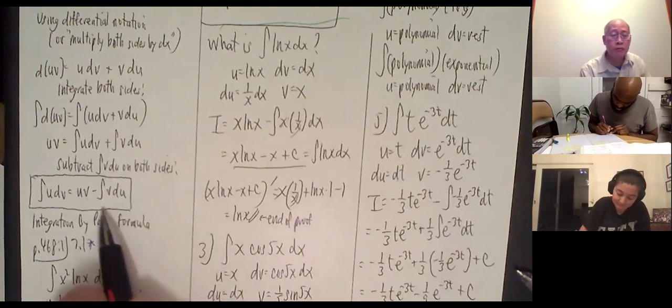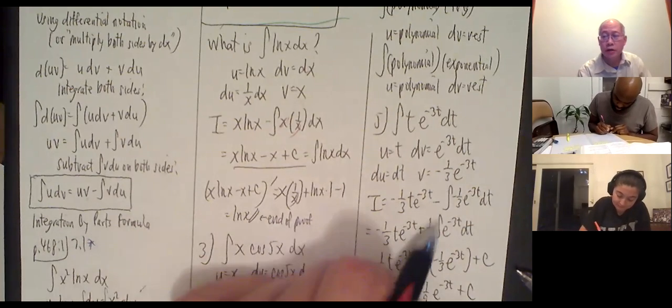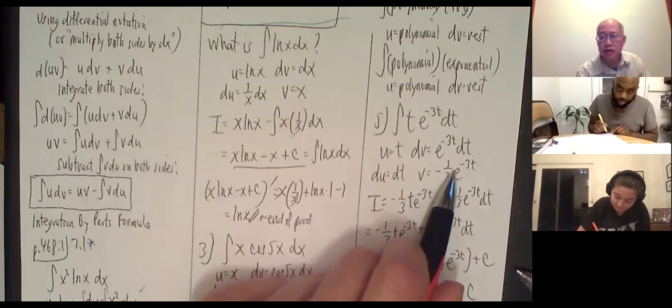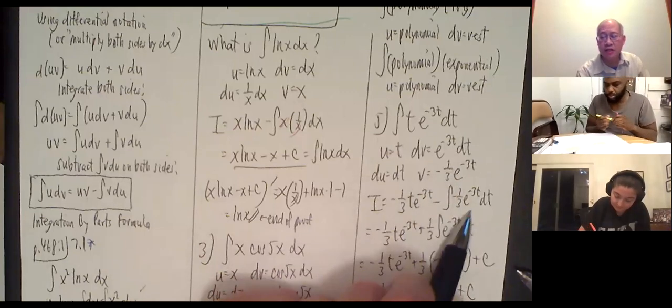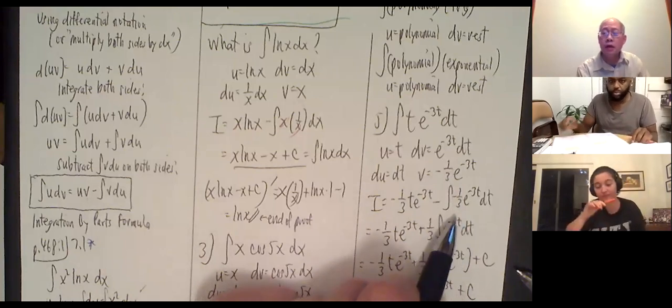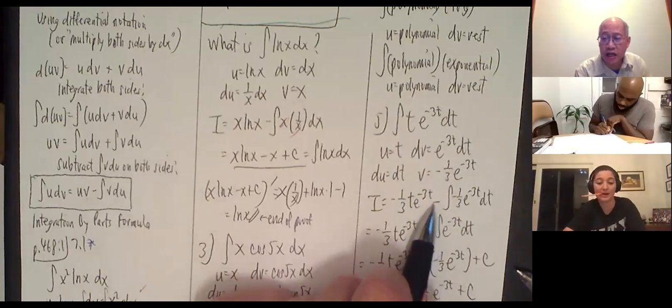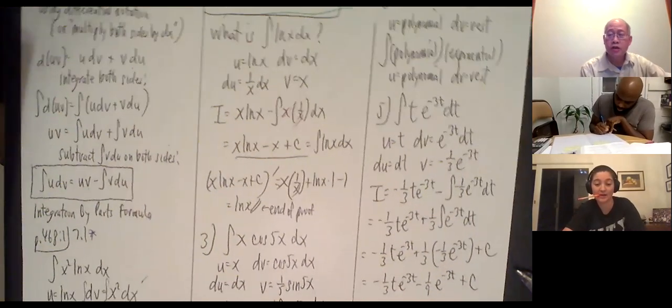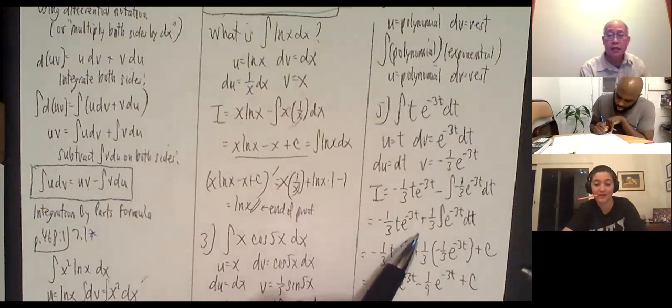Minus the integral by formula, v du. So v du, here's the v, negative 1/3 e to the negative 3t, and du is the same as dt. And simplify this, I got a double negative, negative, negative becomes positive, take out the 1/3. So did I get an easier integral? Yes, I did.